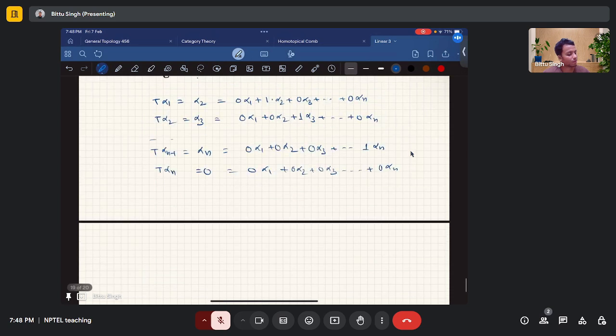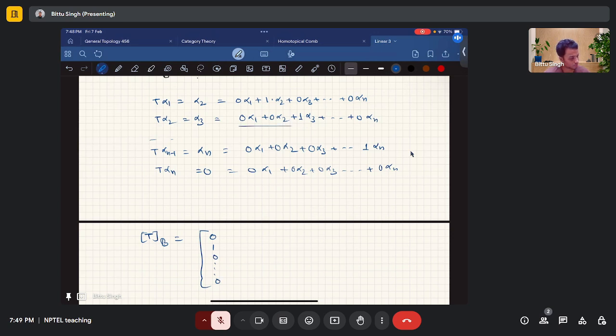So every coefficient is 0. Therefore, the matrix representation of T with respect to this basis alpha 1 up to alpha n is just: take the coefficients and write them in a column, right? The coefficients of the first are 0 1 0 0 everywhere.